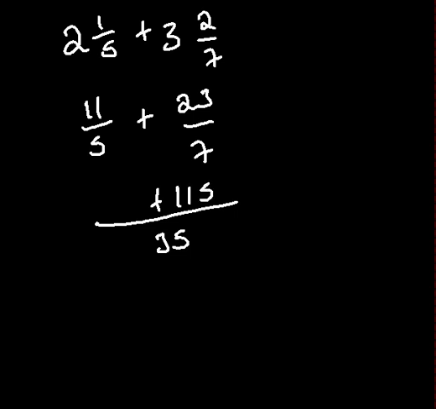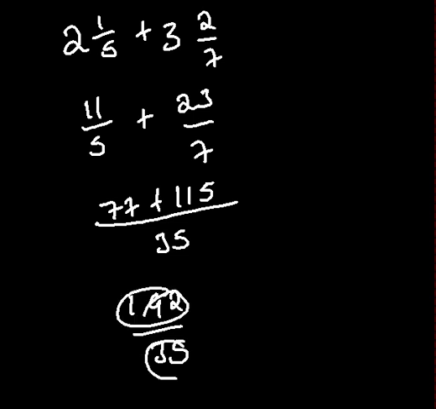And 5 into 35, that is 7. 7 times 11, that is 77. And that plus 115, we'll have it as 192 divided by 35. Now since the numerator is greater than the denominator, we can express that to have the whole number as well.